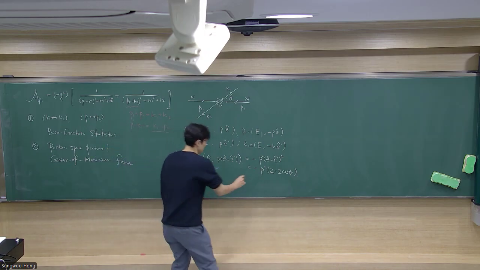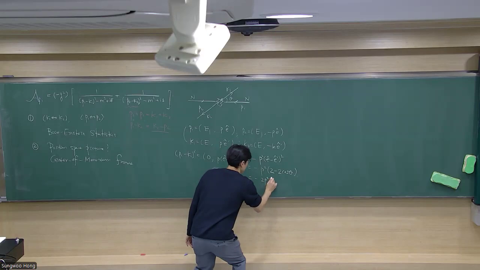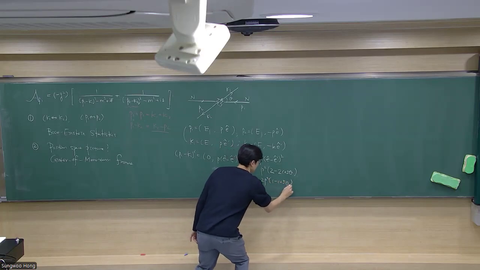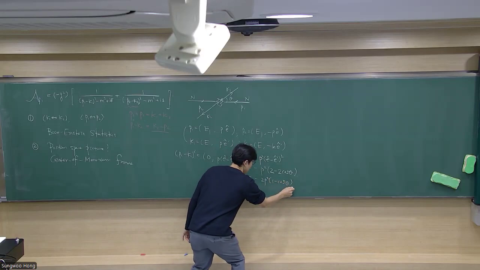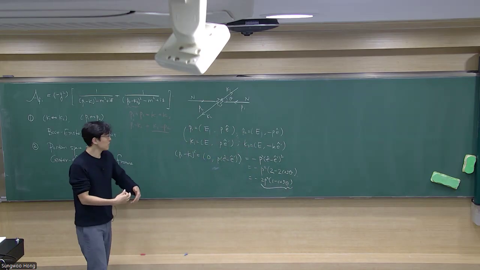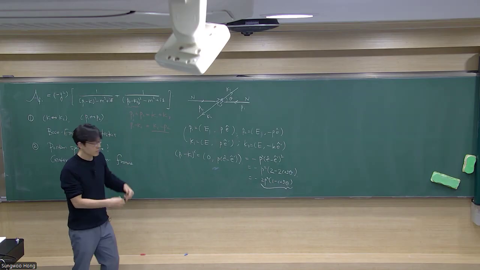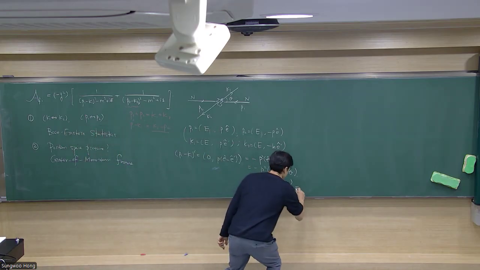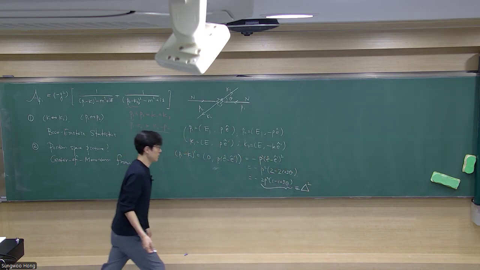Okay? So minus 2p squared times 1 minus cosine theta, and then I'm just gonna define the entire object here. That's the square of momentum transfer. Okay? So I'm just gonna call that my delta squared. That's the momentum transfer.